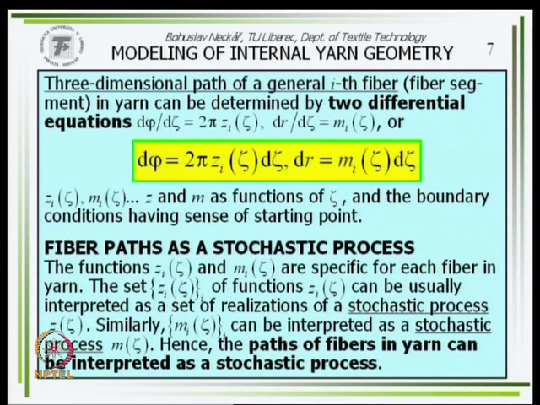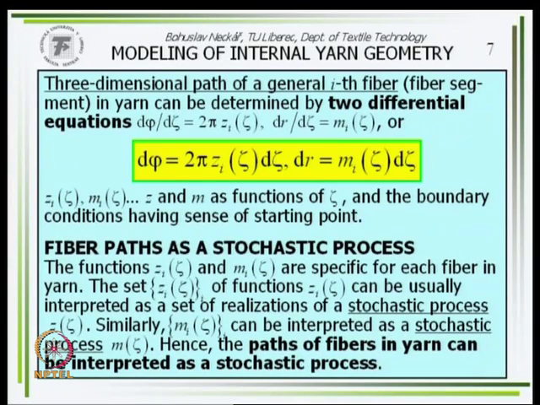The three-dimensional path of a general ith fiber, one fiber in the yarn structure, let's call it the ith fiber, is determined by two differential equations. Because d phi by d zeta is 2 pi z, but this z for the ith fiber changes from point to point on the fiber, from element to element of our ith fiber.